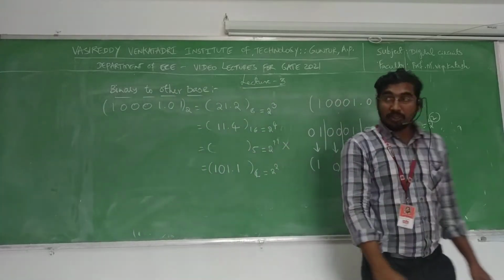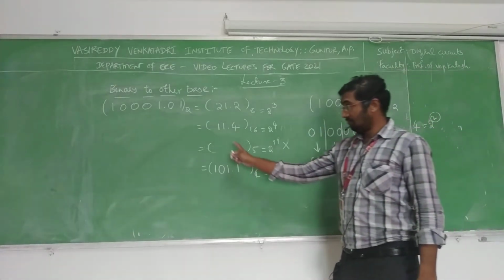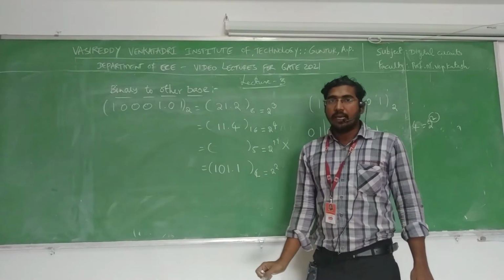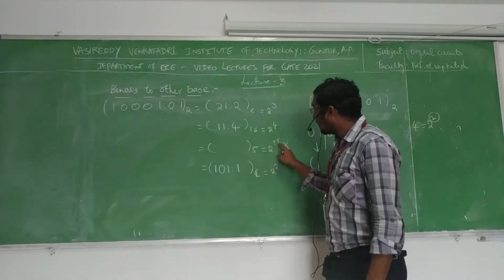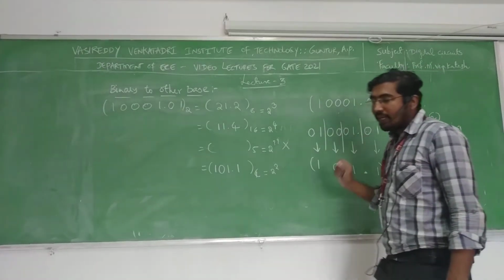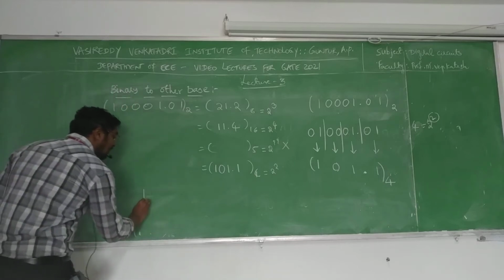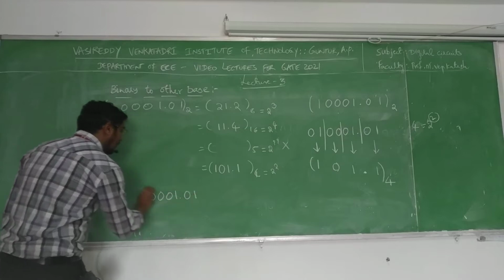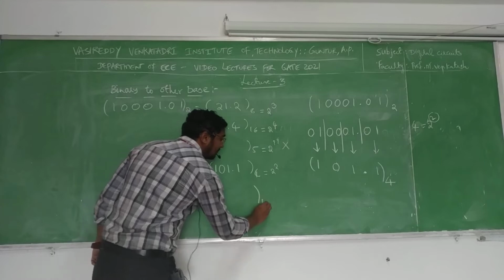Right, we learned how to convert binary to other bases. Now, if the question is binary to base 5, I again say this: as 5 we cannot write in terms of a 2 power, we cannot directly convert in this fashion. What we have to do is take the help of decimal. That is 10001.01 base 2, first convert into decimal.